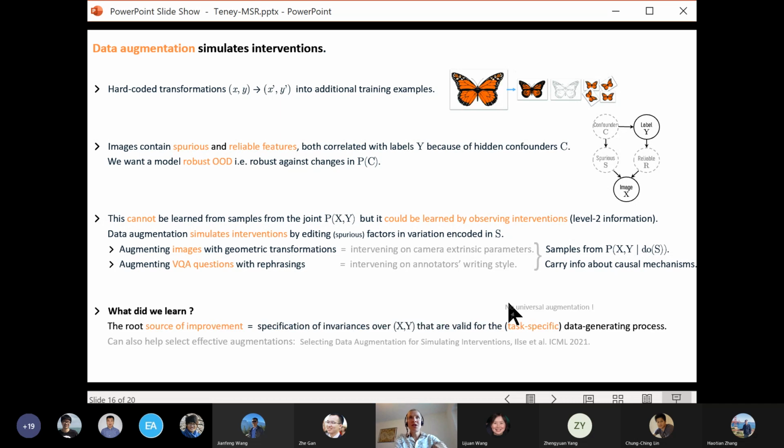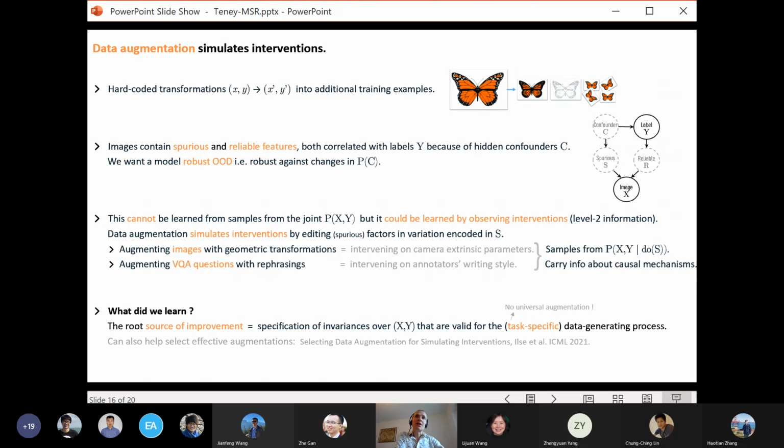So what did we learn here? What is this causal view useful for? An important implication is that the root source of the improvement is really in the specification of the transformations over X and Y that are valid for the data generating process of the task.